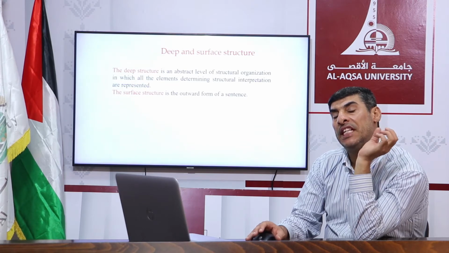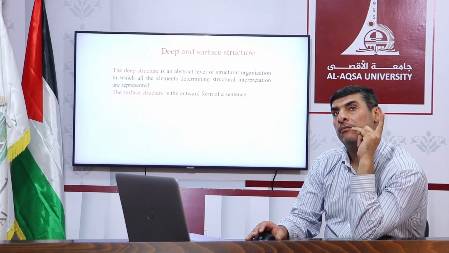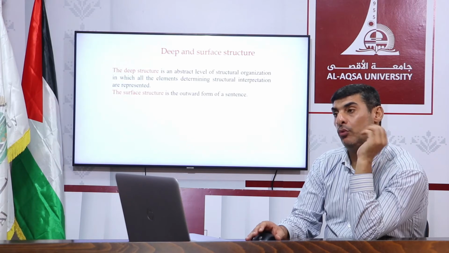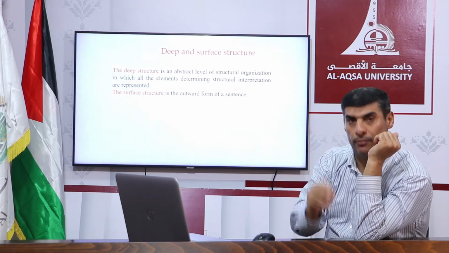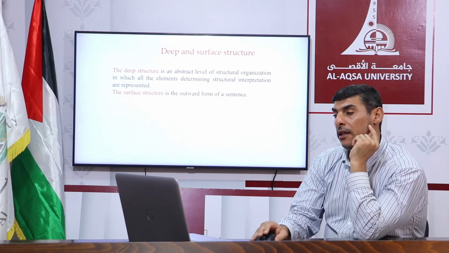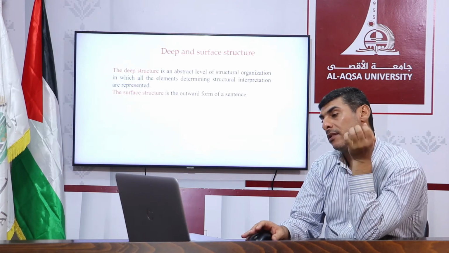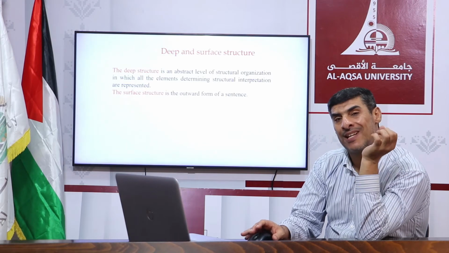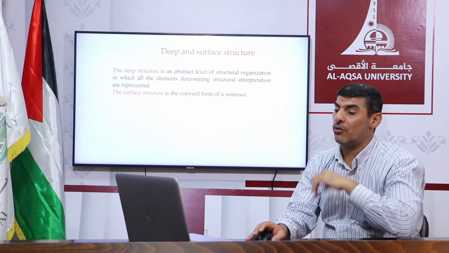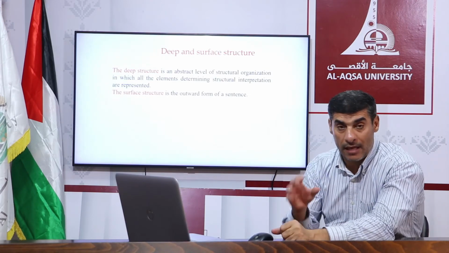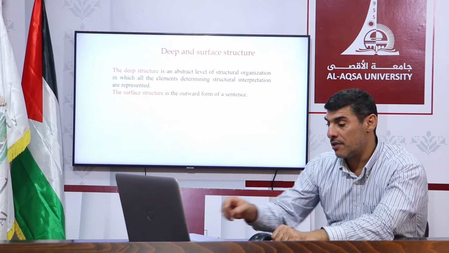You have the deep meaning that I'm asking if you want to come tomorrow morning. So we have time and we have possibility in the future. The surface structure is the outward form of the sentence. So the deep structure is the meaning that you get, and the surface structure is the written form that you see.